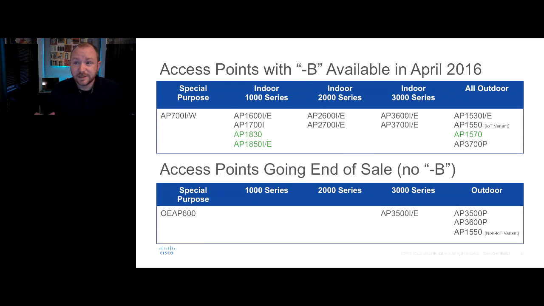The 1550 is kind of the odd man out because there's a variant that is used in IoT, Internet of Things deployments. The variant that's used for IoT will have a -B designator. The ones that don't specifically relate to IoT deployments will not, and those will go end of sale. However, most of the time in outdoor environments, we're using the 1570 or the 1530 anyway.